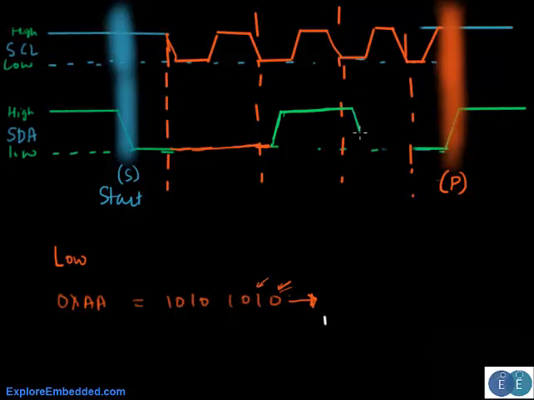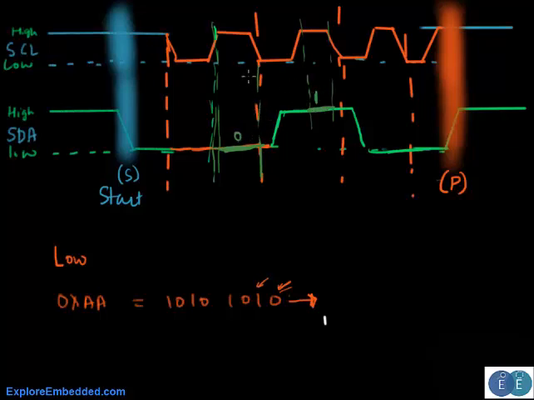So it comes back and then it continues. Now what you could observe is when the clock is high, the data line is always stable. So here we have a 0, then for the next clock high period this is 1, so this is 0 and this is 1.